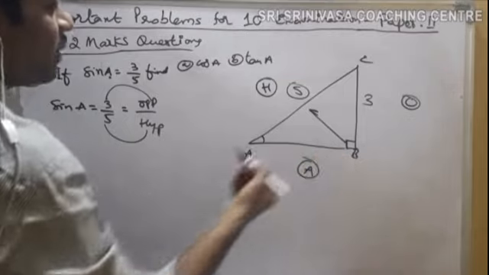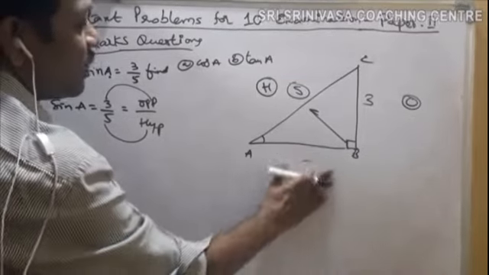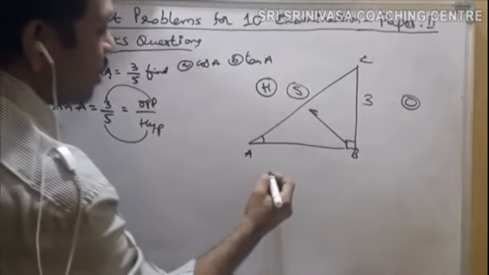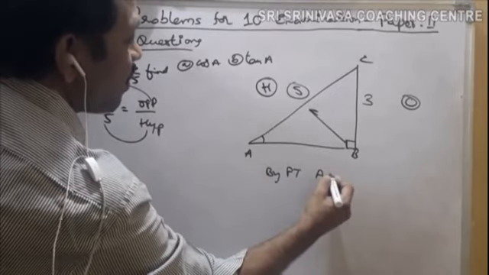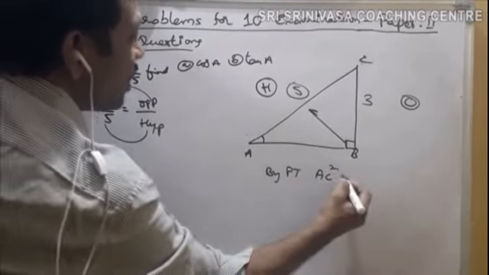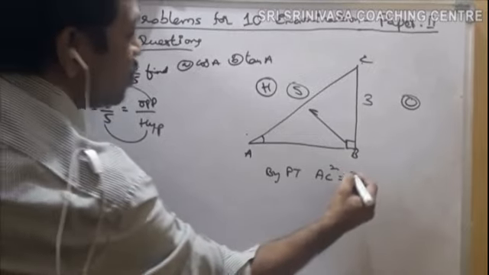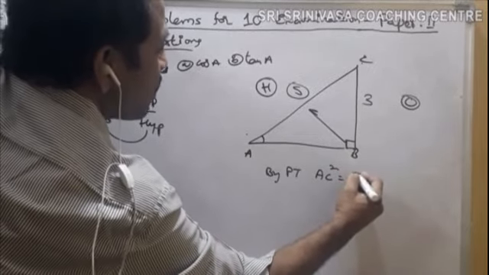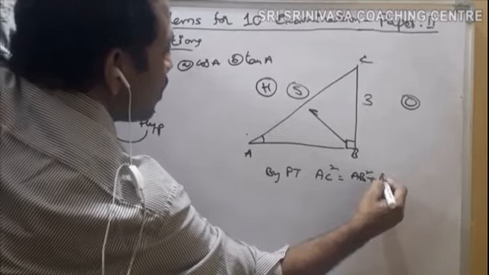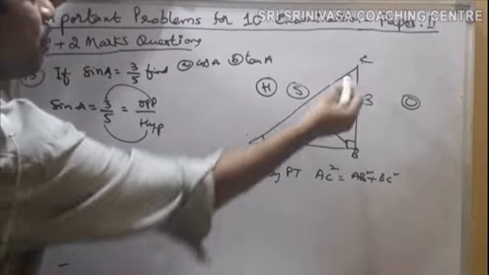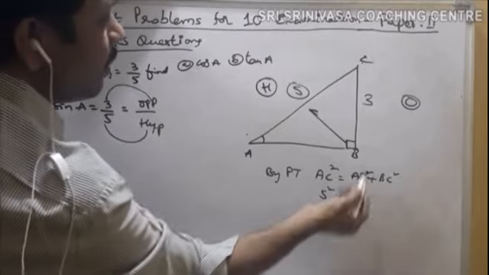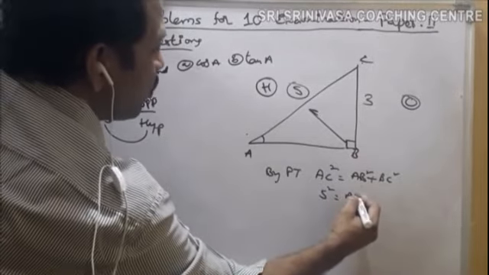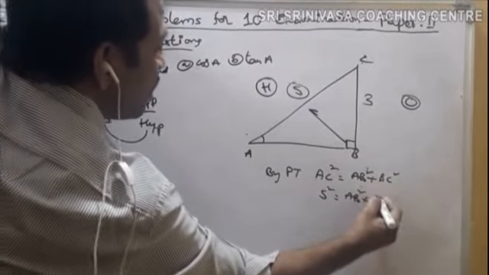Let us find the third side. I'll find the third side by using the Pythagoras theorem. By Pythagoras theorem I can say the square of the hypotenuse, that is AC square, equals the sum of squares of the other two sides, that is AB square plus BC square. Since you know AC, let me put 5 square here, and AB we don't know, so let me put AB as it is, and BC is 3 square.